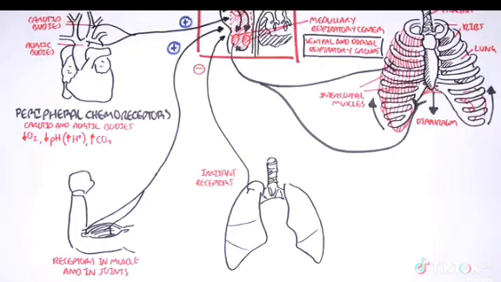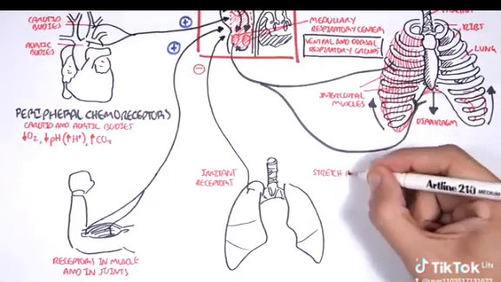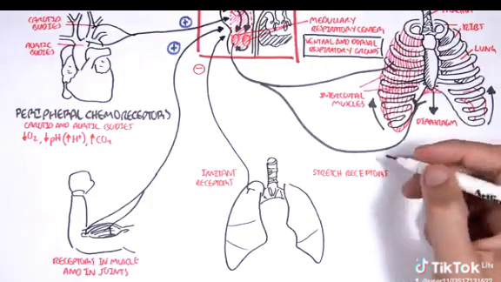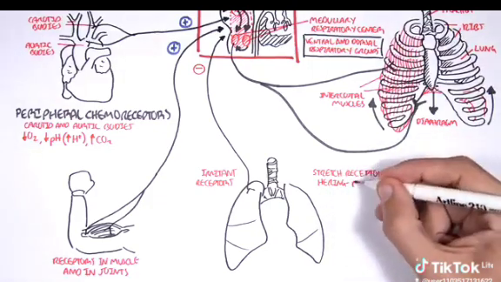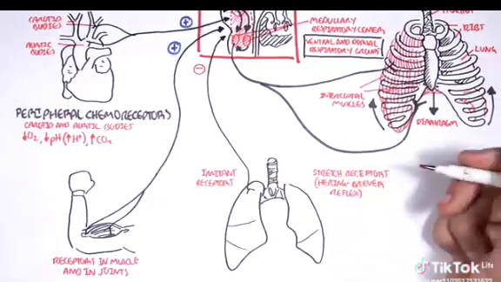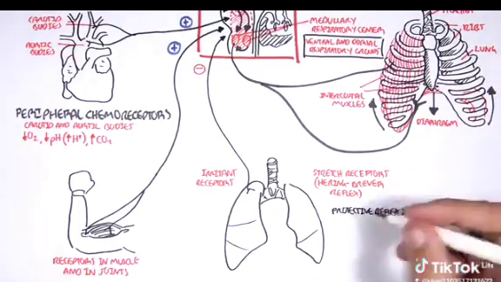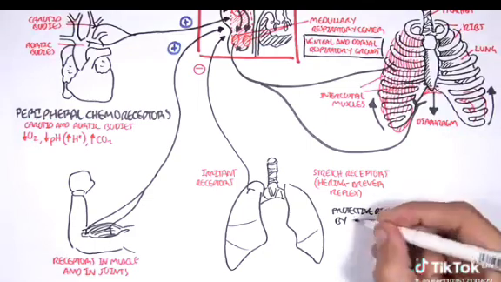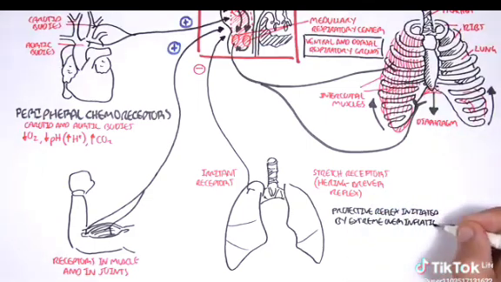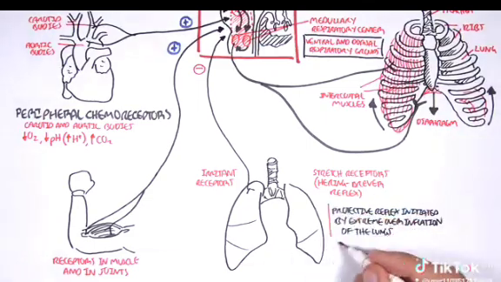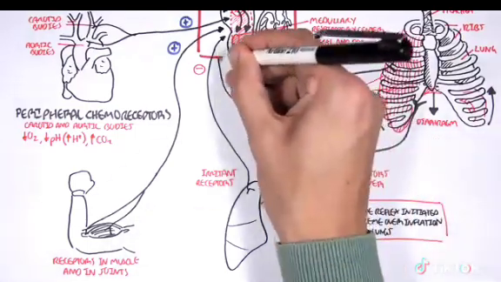And then you have stretch receptors in the lungs, which cause the Hering-Breuer reflex, a reflex that is protective. It's a protective reflex initiated by extreme overinflation of the lungs. And so when these stretch receptors are initiated, they will suppress respiration. So they will slow down the respiratory rate.